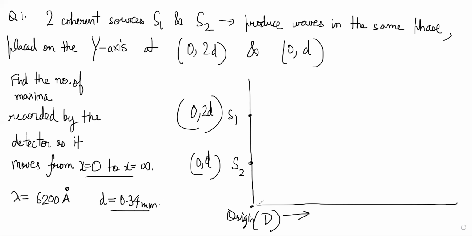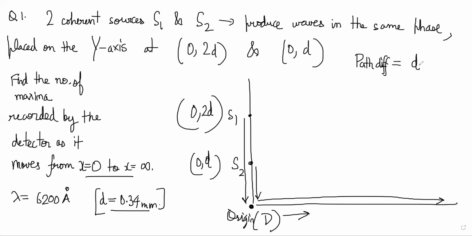Originally the detector was here, and then it starts moving this way. Initially the detector sees that the rays have a path difference, and the path difference initially is small d only.